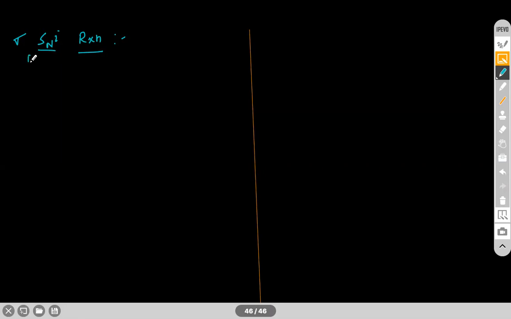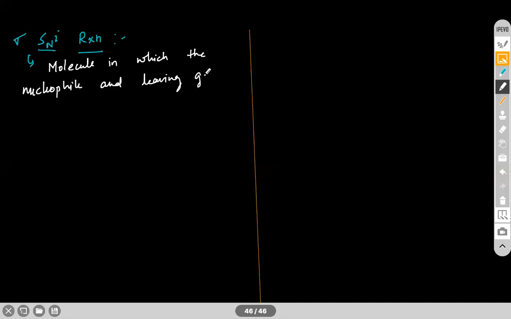Write down: this reaction is possible in a molecule in which the nucleophile and leaving group are present in the molecule.